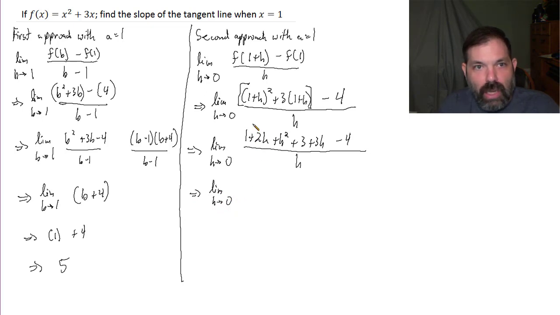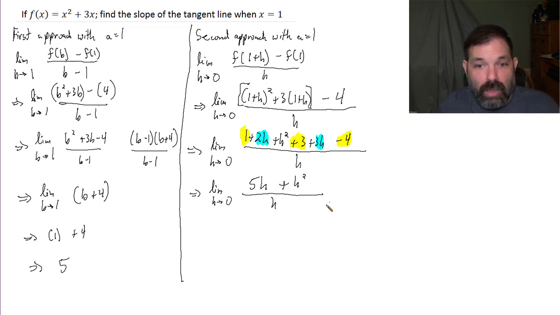I have a 1, I have a plus 3, that's 4, minus 4 is 0. That's nice. I have a 2h and a 3h. Those combine to 5h. And then I have the plus h squared. It doesn't combine with anything.